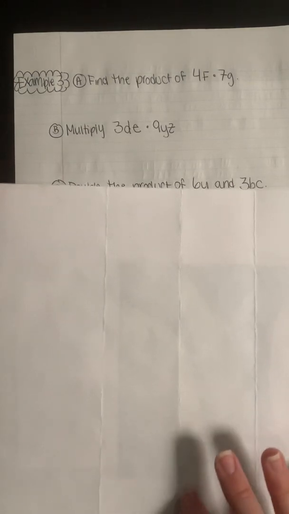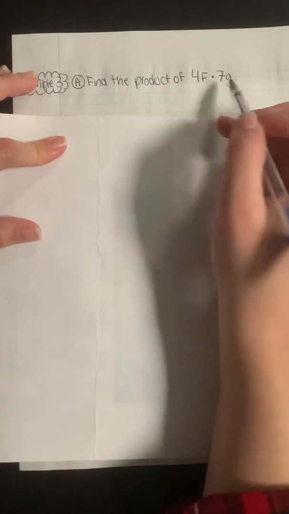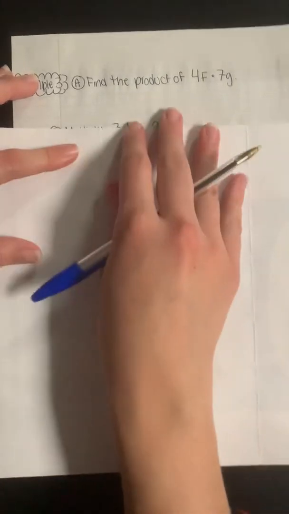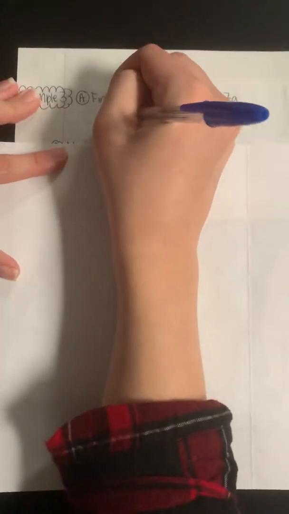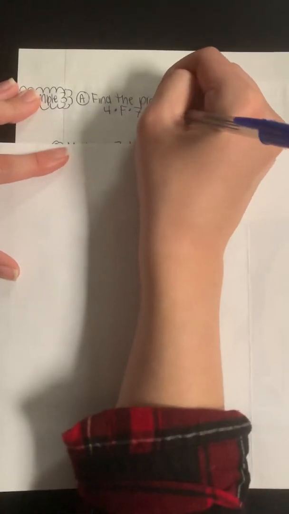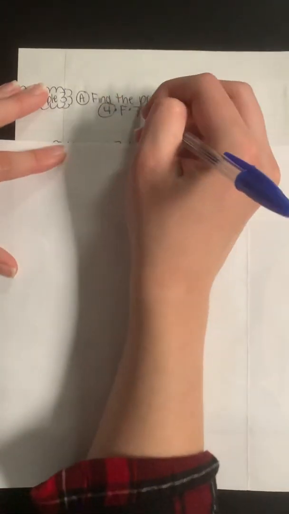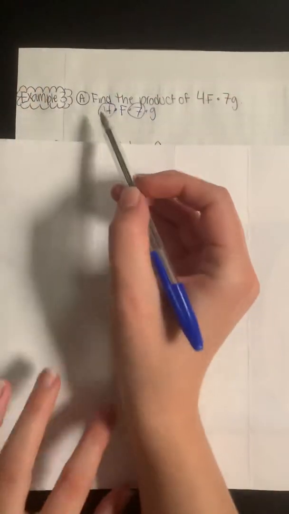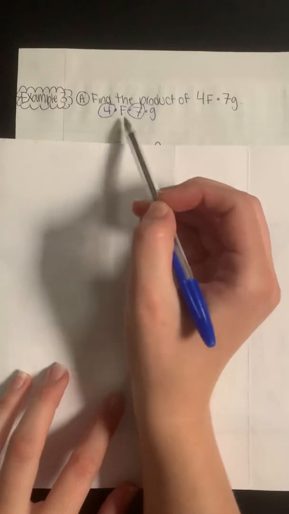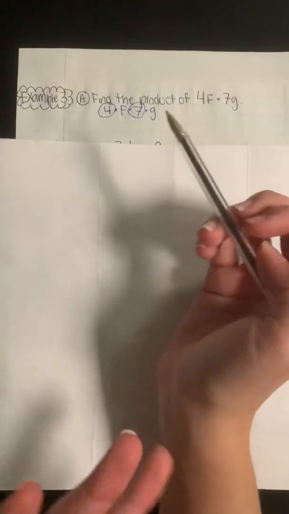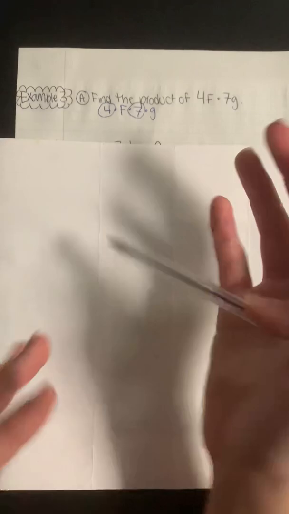we're going to start by finding the product of one of these expressions. So I have 4F times 7G. So let's expand that out. 4 times F times 7, times G. We're going to combine all of the terms. So we have 4 terms in this, right? We have 4, F, 7, and G, 4 different terms. I'm going to combine the terms that make sense together.